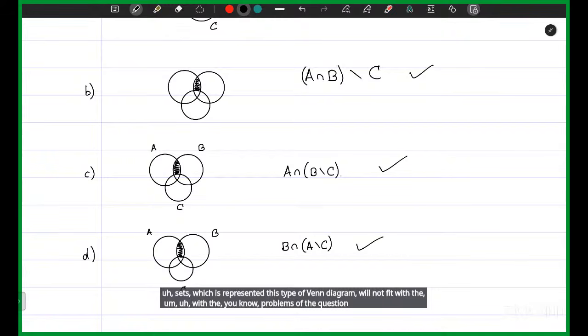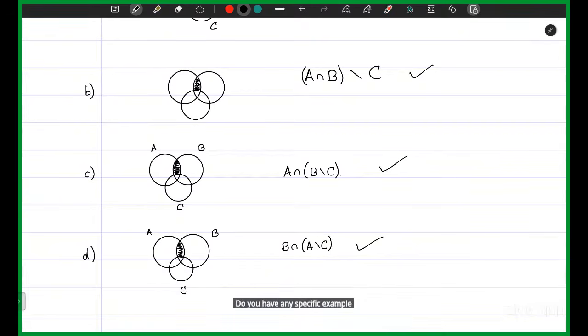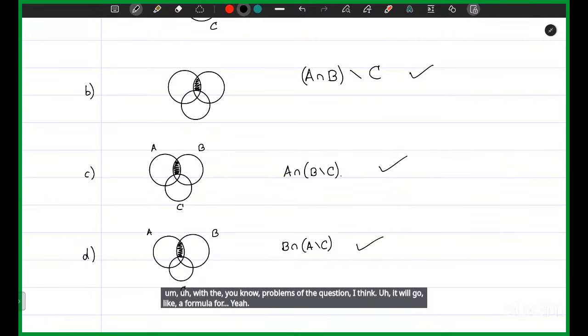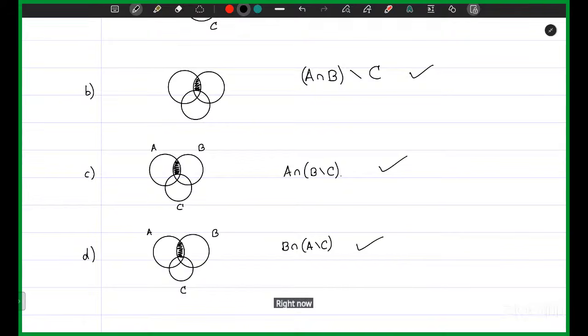Do you have any specific formula, for example, any question in this week's assignment? Right now, I don't have any example, but it's on my laptop, I think.